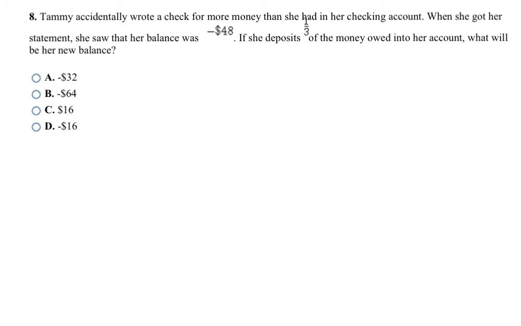So here, it tells us that she's depositing 1/3 of the money owed. So once again, remember, owed means to multiply. So I'm going to take 1/3 times the amount she owes. And she owes $48, so it's going to be a negative 48.